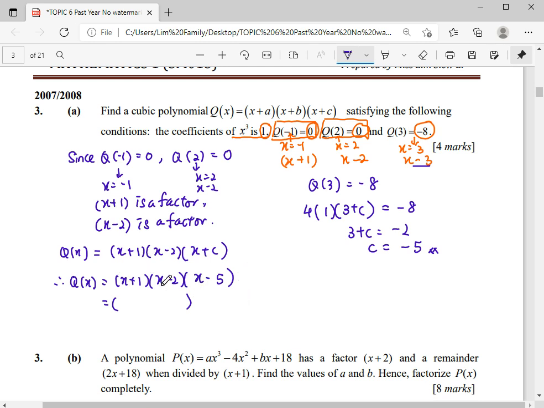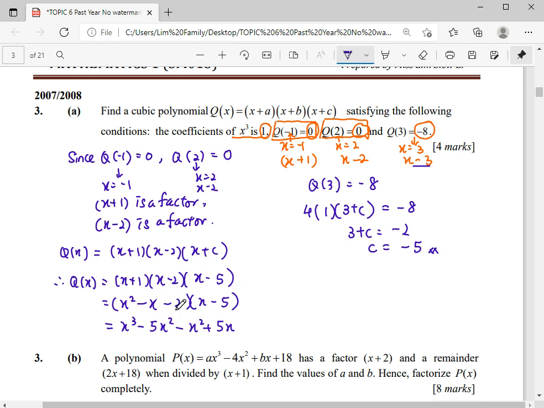So we expand here, we get x squared, and then I expand here negative 2x, and then plus x, will give us negative x, then 1 times negative 2, I get negative 2. Then expand to the back, start from x squared, the first term, multiply to the back, x cubed, then minus 5x squared. Then the middle term, negative x times this, negative x squared plus 5x.